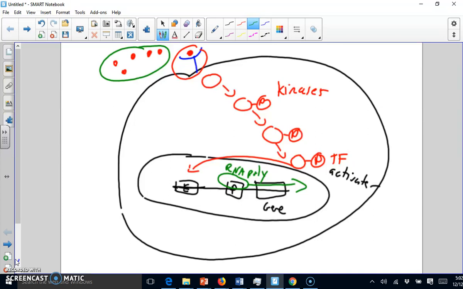The growth factor caused the production of cyclin, and from yesterday, cyclin binds to CDK and tells the cell that it's ready to divide, or it activates the DNA replication proteins, so the cell can enter S phase and replicate its DNA to do mitosis.